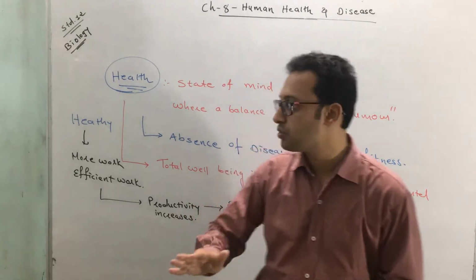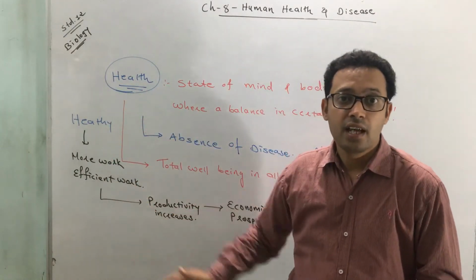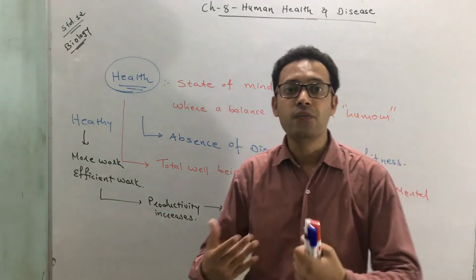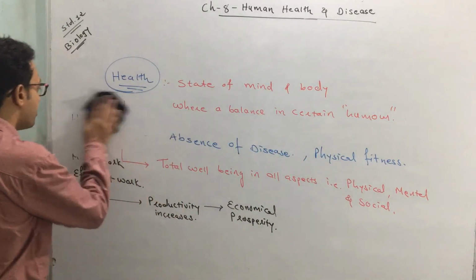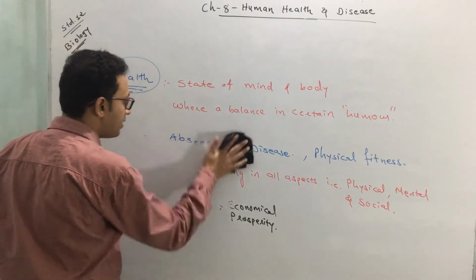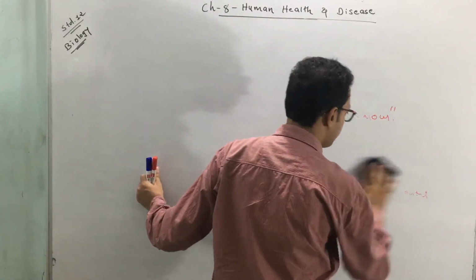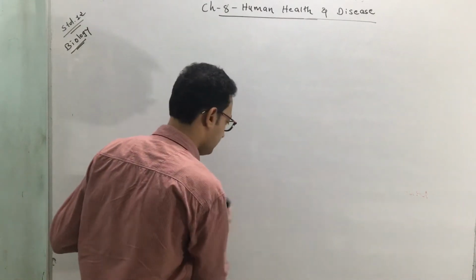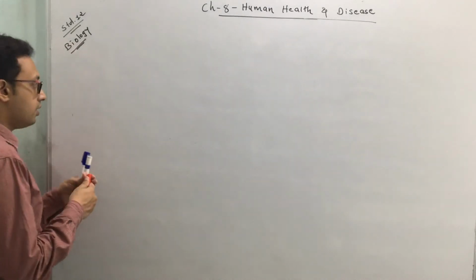Up till now we have seen the definition of health and why there is a necessity to maintain health. Now we will see how we can maintain health. What are the different general ways by which we can maintain our health in good condition?